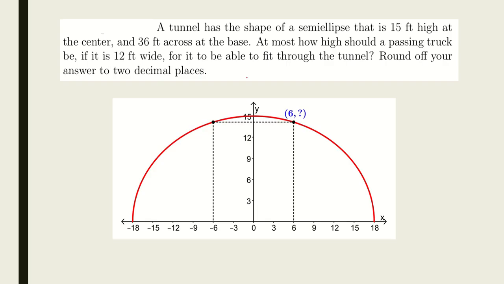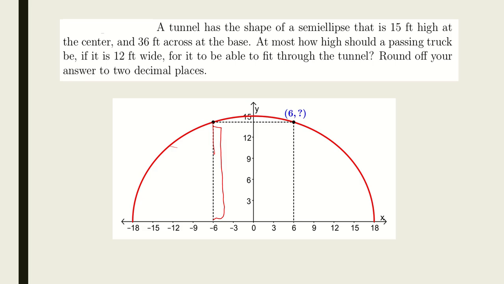So I actually prepared a graph in this one from my graphing, and then I need to write the illustration. Remember that it is 15 feet high. So you can see this line here, that is the given 15 feet, which is the high at the center.